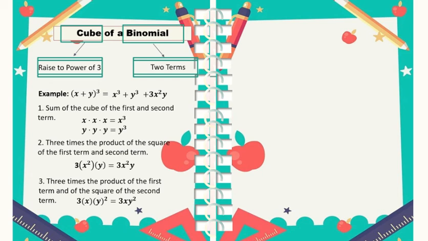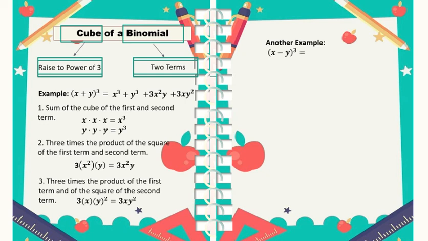So, 3 times x times y squared is equal to positive 3xy squared. So, the answer for quantity x plus y cubed is equal to x cubed plus y cubed plus 3x squared y plus 3xy squared.